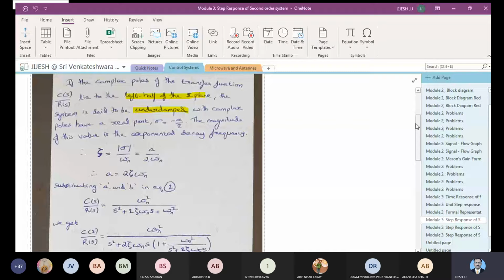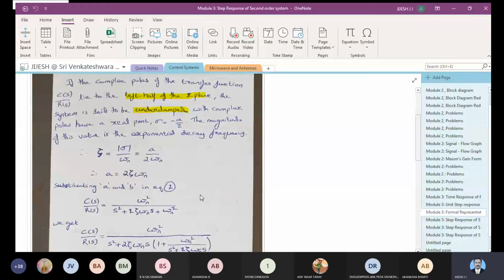So when you use these two equations, we have studied in the previous class that C of S by R of S is equal to B divided by S square plus AS plus B. You need to substitute all these things further and simplify it. So let us see what you're going to get.